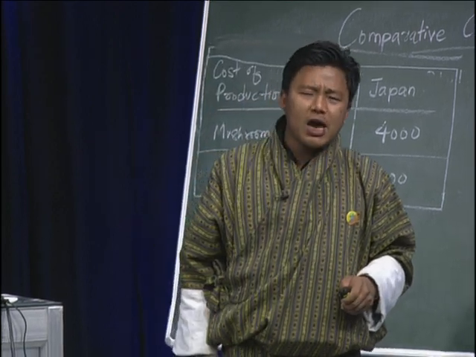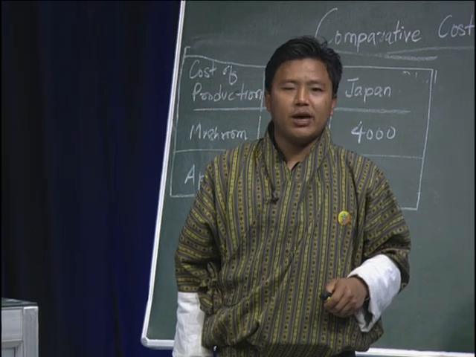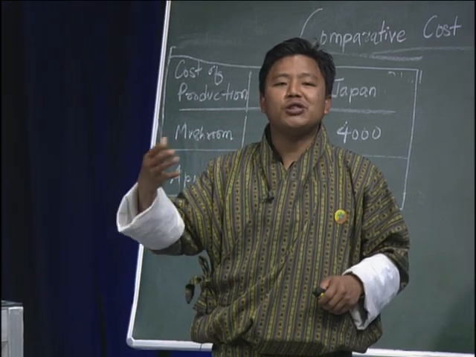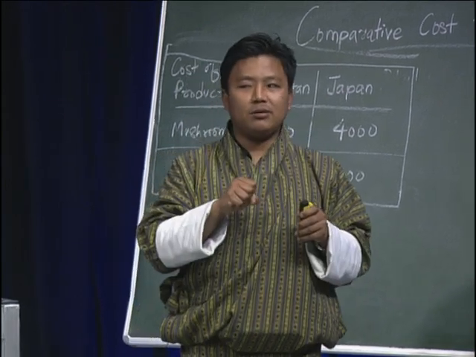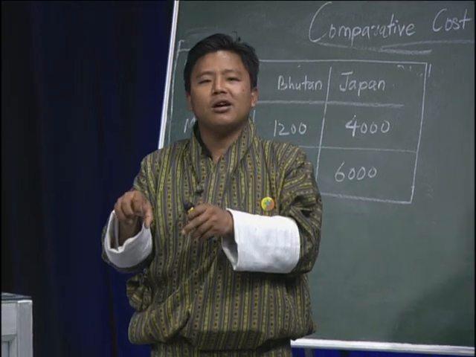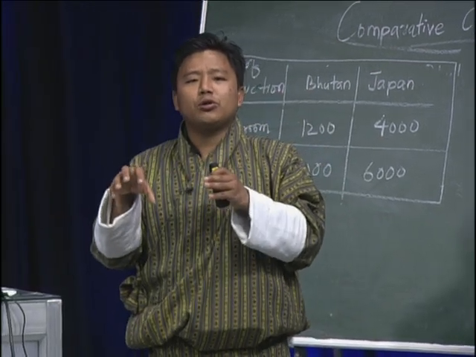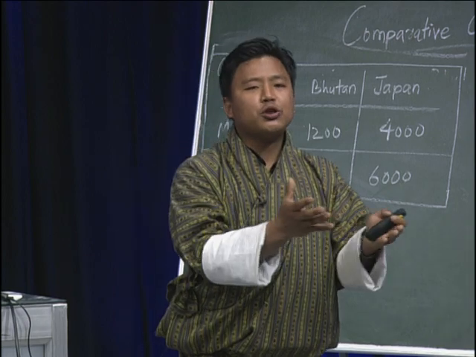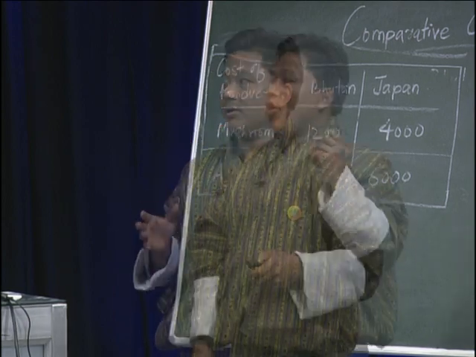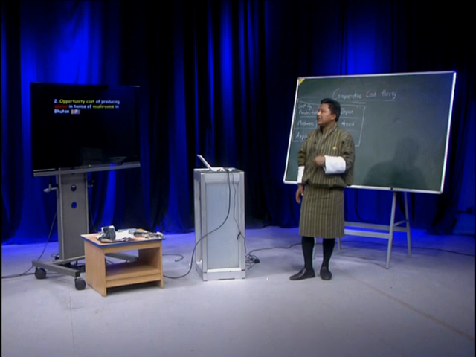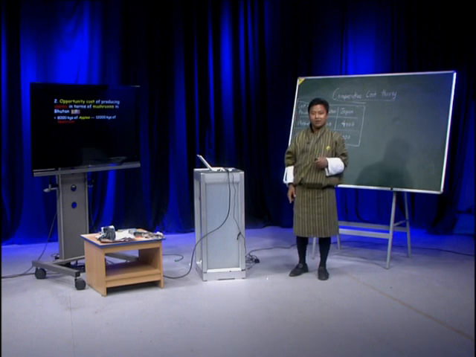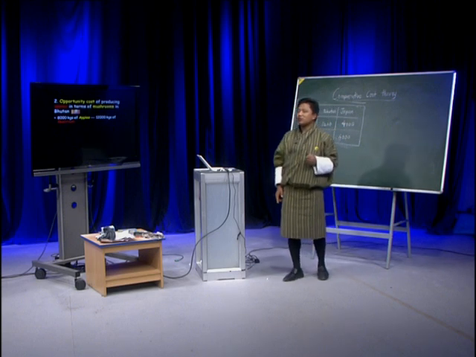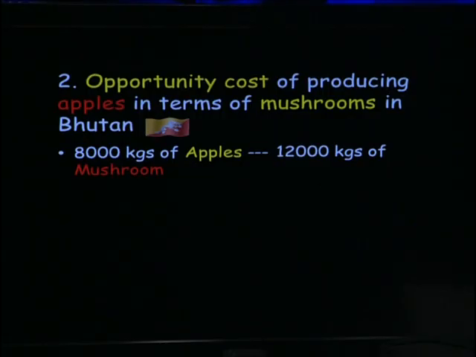Now let us again calculate. We have to calculate the opportunity cost of producing apple in Bhutan, meaning that we have to calculate how much mushroom Bhutan should sacrifice in order to produce apple. Opportunity cost of producing apple in terms of mushroom. So in order to produce 8,000 kg of apple, the country should sacrifice 12,000 kg of mushroom.